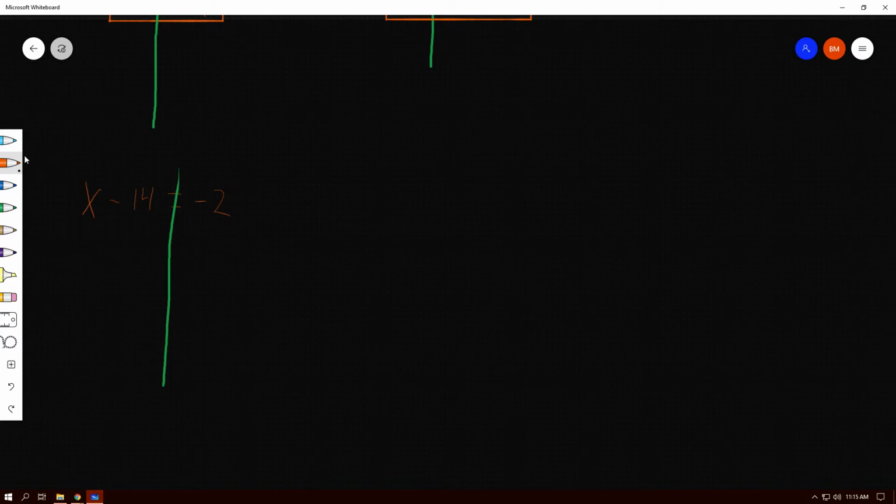What is on the same side as x? There's a negative 14 on the same side. What is it doing? It's a subtraction. How do you get rid of subtraction? You add. So we're going to add 14 to both sides. The opposite of subtraction is addition, and that cancels it out.